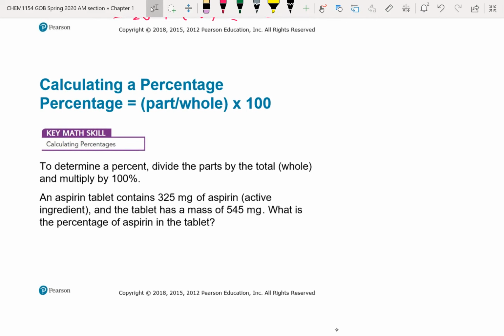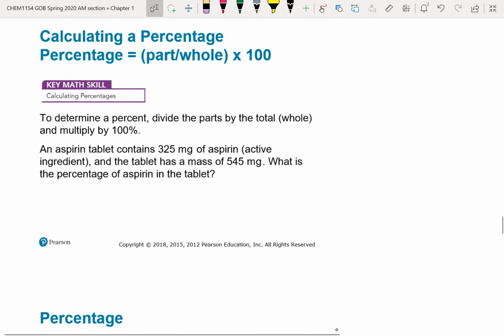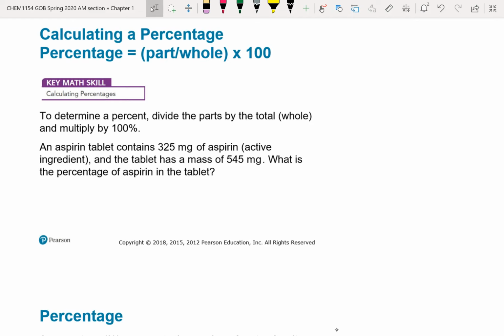All right, the next thing we're going to take a look at here is percentage. We're going to see percentages down the road when we start looking at different types of solutions and how we represent those solutions in terms of how much of something is in that solution. You see percentages all the time.